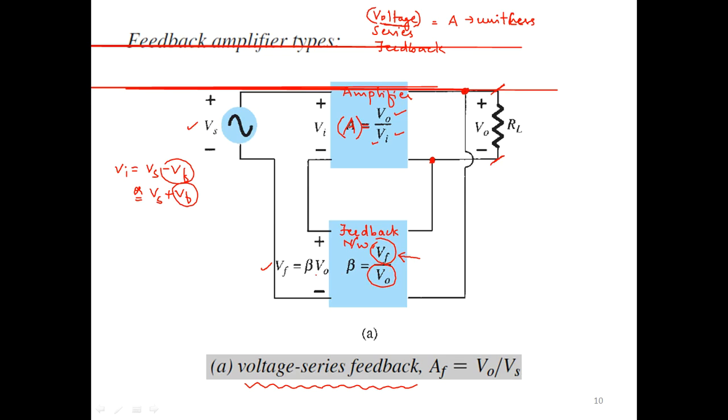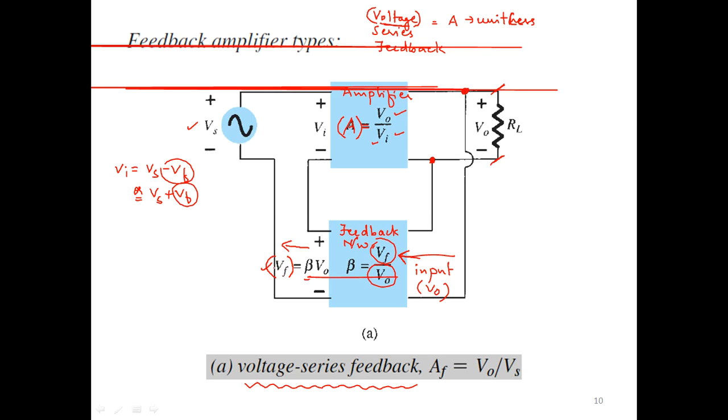The voltage which comes from this end is input for the feedback network, and that is nothing but V0. The voltage which comes out from here is the feedback voltage Vf, and Vf is nothing but beta multiplied by V0.